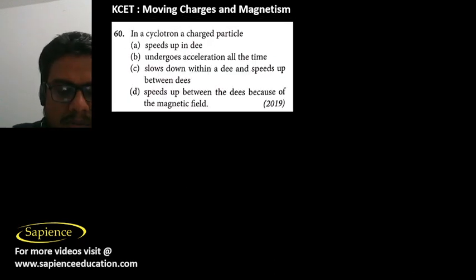Then in question number 60 it is told that in a cyclotron a charged particle speeds up in a D, undergoes acceleration all the time, slows down within a D, and speeds up between the D's.